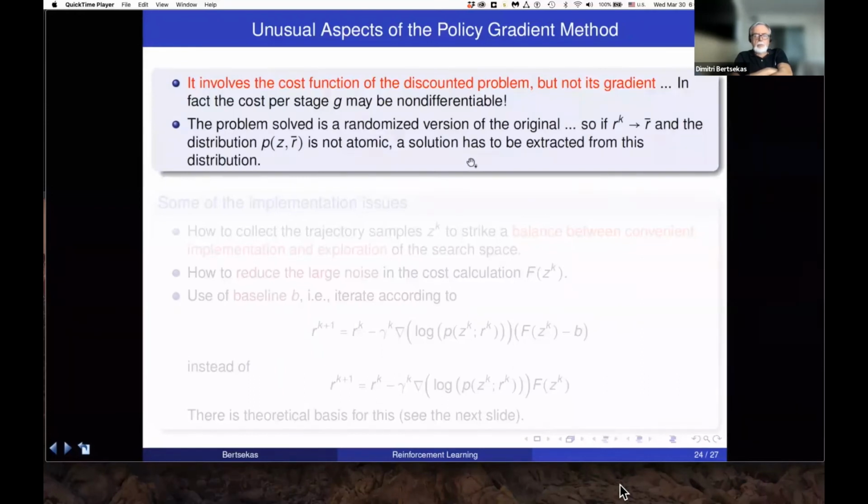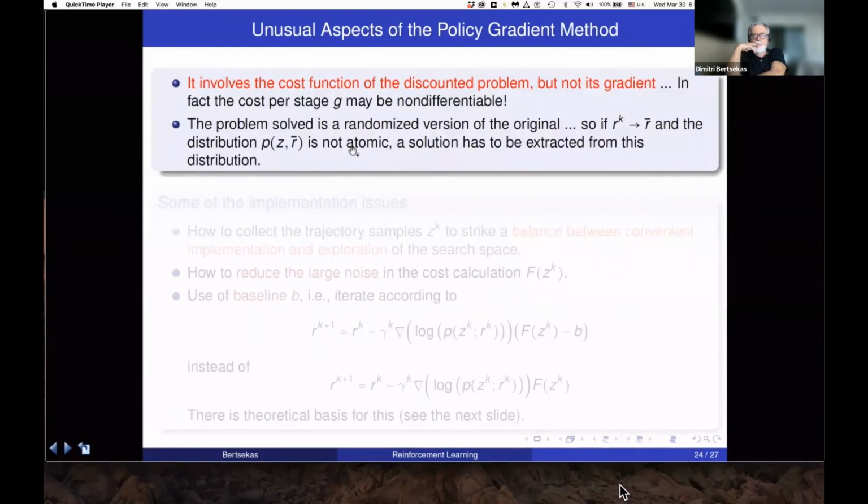Okay, here's another problem. You have a potentially perfectly deterministic problem, yet you randomize it in order to be able to apply this methodology. So what you solve is a randomized version of the original. So if you get a convergence of the sequence r_k to some r bar, then you will get a distribution that may not be atomic.